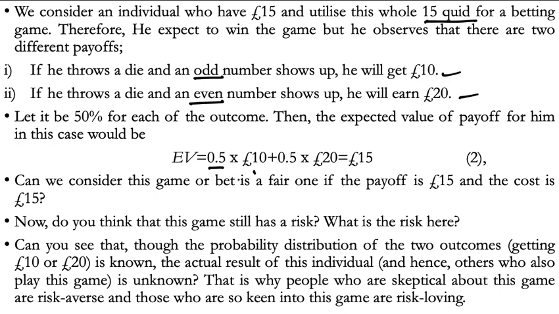Can we consider the game is fair? When the payoff received here in terms of expected value is 15 and the cost is 15, yes, because the payoff is equal to the cost. But do you think that this game still has a risk? And if you say yes, what is the risk here?